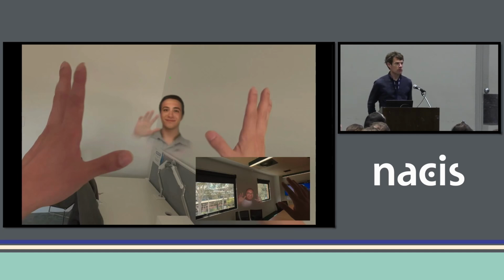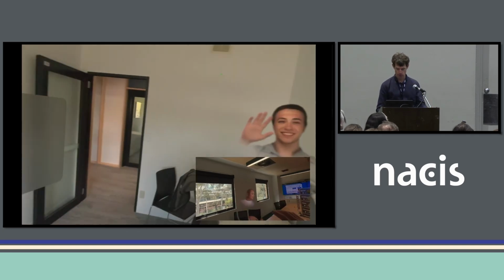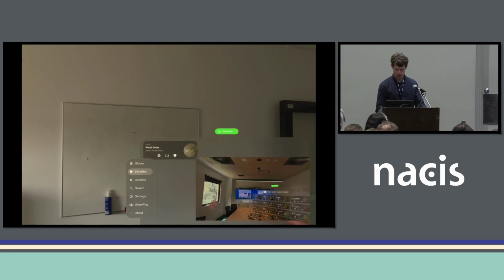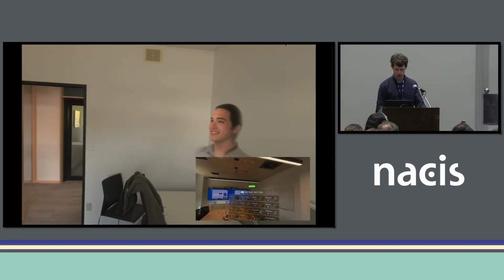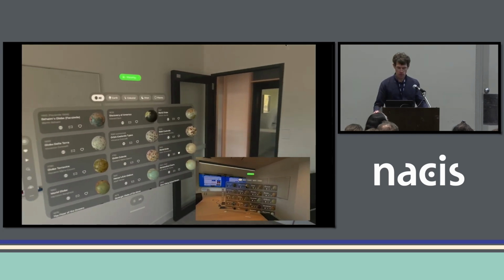With SharePlay, we can show globes to users at different locations. Here we have two users. What I see is the big image, and there's another user in another space, and they see the small image there. What's going to happen here is the remote user is going to open a globe.